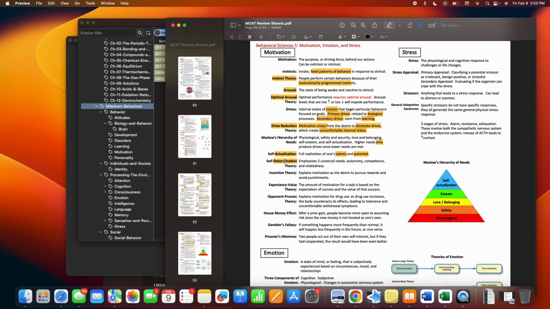Self determination theory. We also had determination and differentiation in the cellular biology, and that's for the stem cells. And it's actually an important concept. So we definitely need to make sure that we have that under our belt.